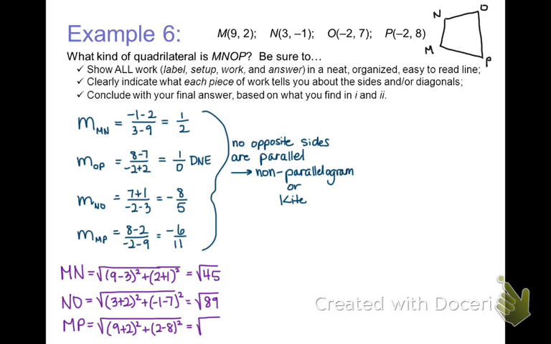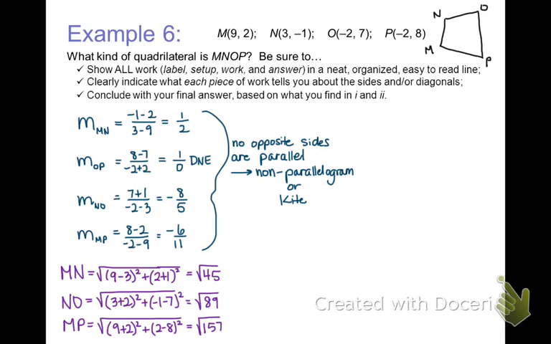So let's do the math. We get 9 plus 2 is 11. Square it is 121. Don't get ahead of me. I was going to the answer. I'm sure you were. 121. 2 minus 8, negative 6, square it. So what's 121 plus 36?